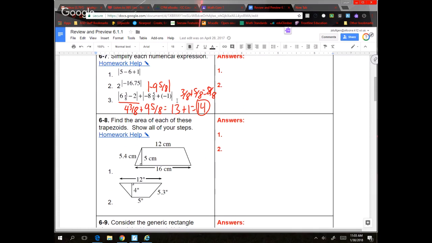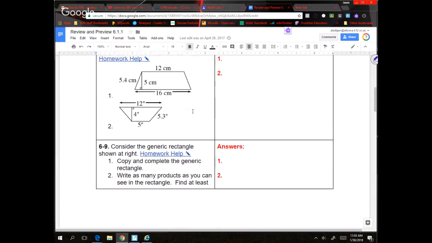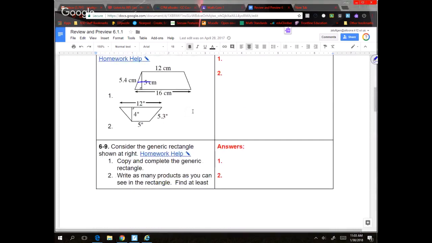Okay. Next one. Good review problem dealing with area of trapezoids. Now remember, area of a trapezoid, you can take it, split it in half, and take this bottom part here and flip it upside down and place it right there. So it looks something like that.